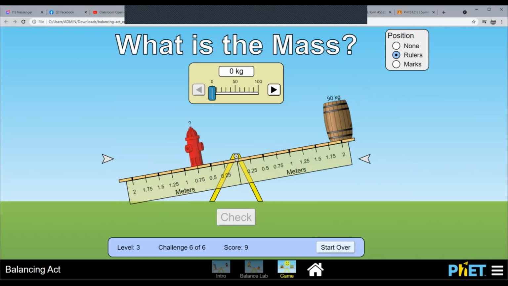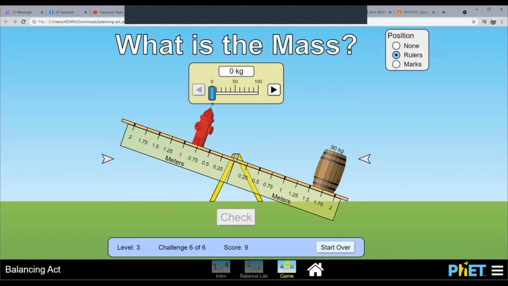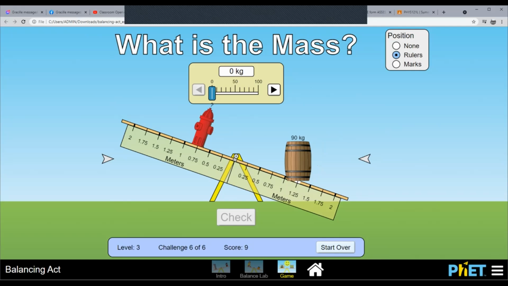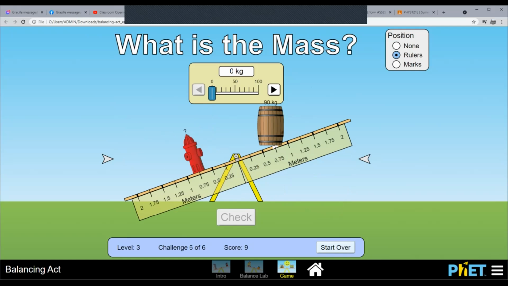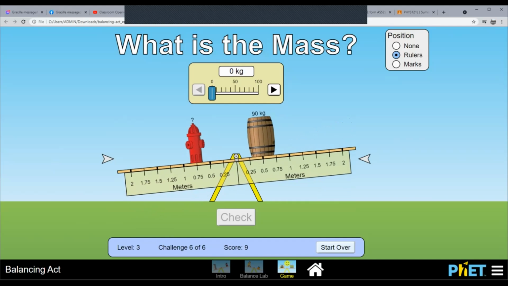If we place this 90 kilogram, sa 1.75, hindi pa rin siya mabalanse. Sa 1.5, hindi pa din. 1.25, hindi pa din. So, let's say sa 1, ayaw pa din. 0.75, ayaw pa din. 0.5.